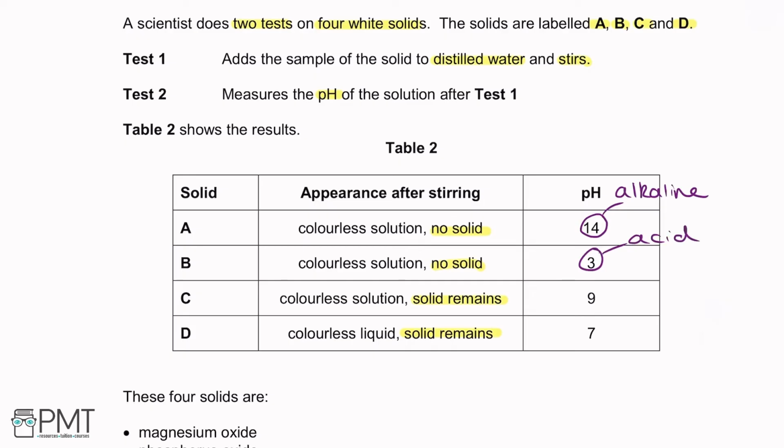So we're thinking that solid B will behave like an acid. Solid C is 9, okay, which is slightly above the neutral pH, which is 7. Okay, so that pH of 7 will be the same as the pH of the distilled water, because water has a neutral pH of 7.